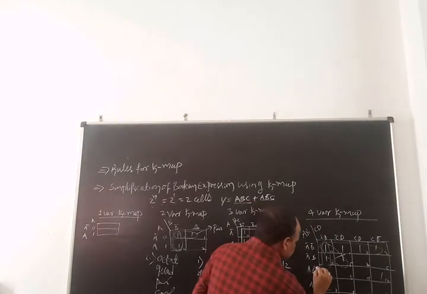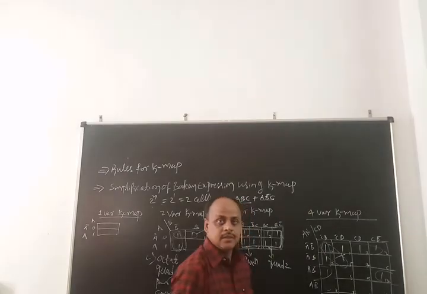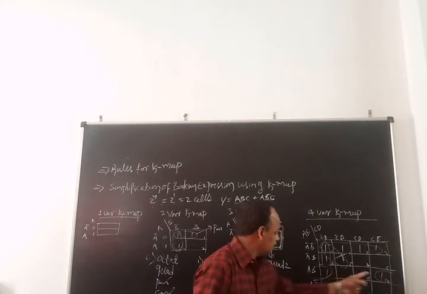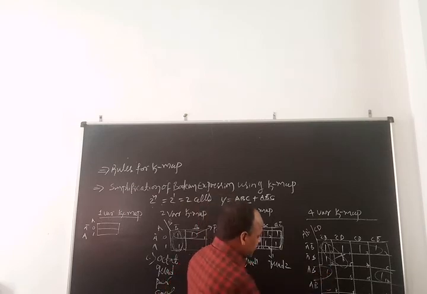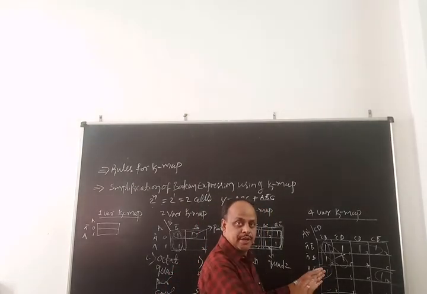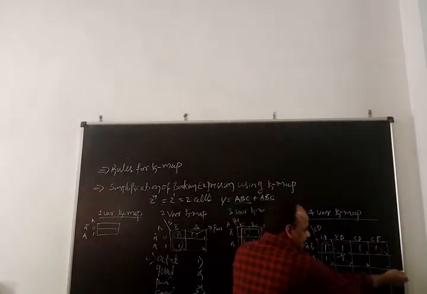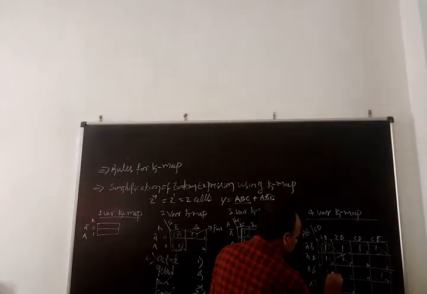That is, this type of grouping is allowed. Here 2 ones are there, and this is considered as one pair. What is the rule? The leftmost cell of a row is combined with the rightmost cell of the row.